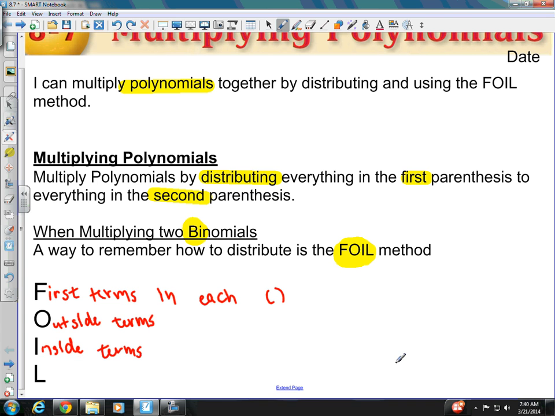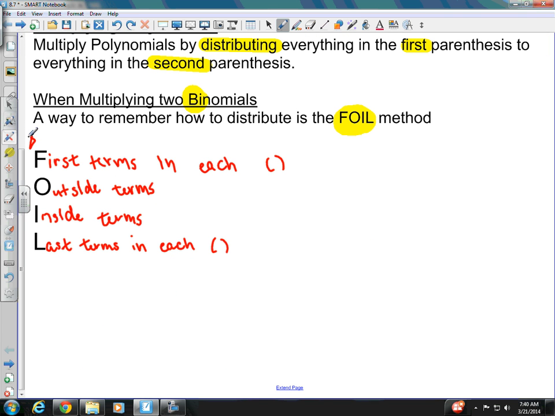And last is the L, so last terms in each parenthesis. Like we said, FOIL is just a way to help us remember how to distribute. We're still basically just going to distribute one polynomial to the other polynomial.